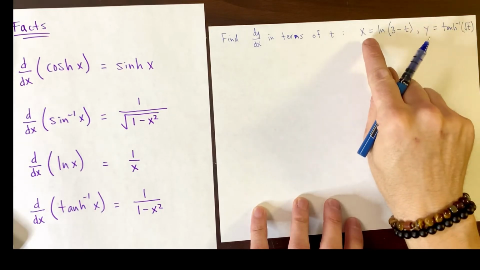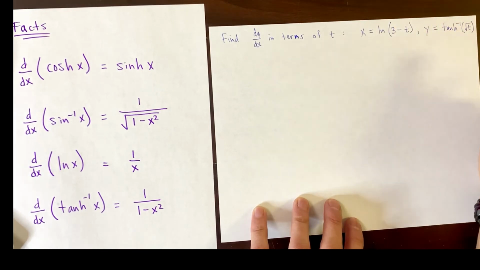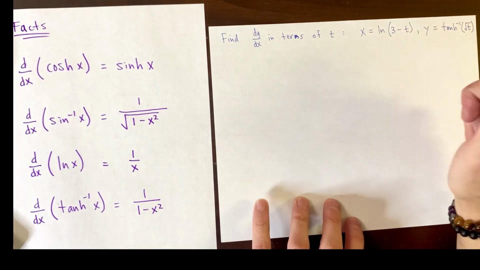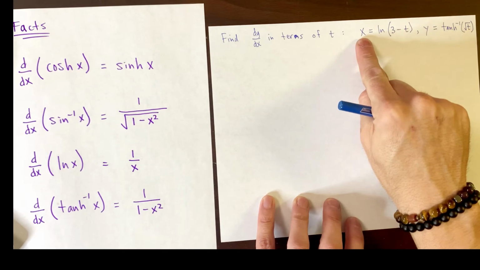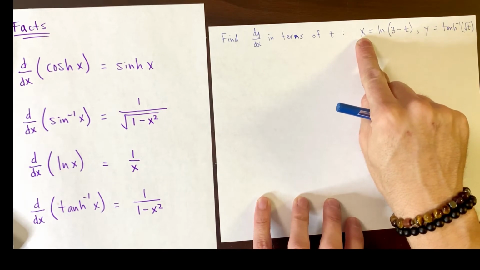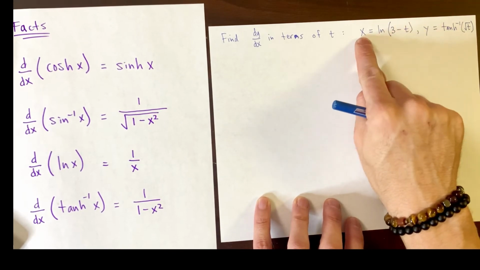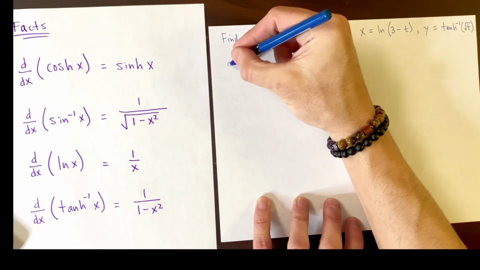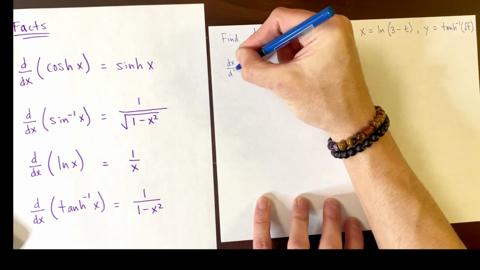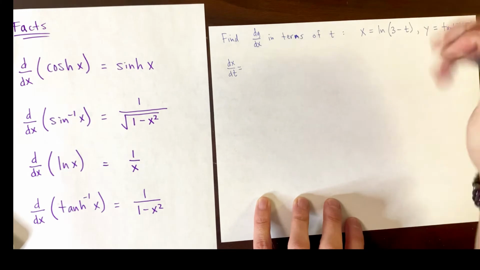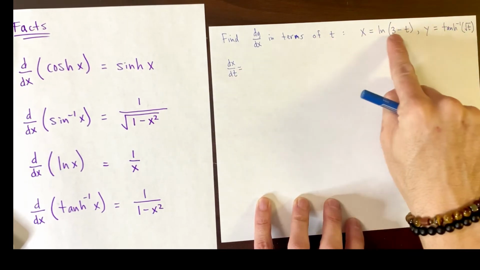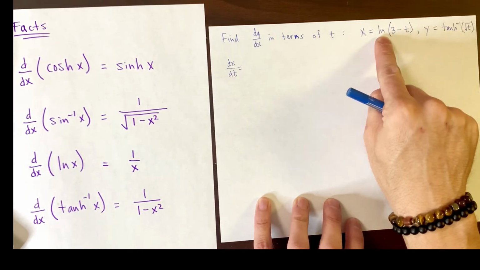So let's take the derivative of each of these pieces independently. Let's focus first on the x equation. So let's take the derivative of x with respect to t. The derivative of x with respect to t would be dx/dt. So the derivative of that is that. And then what's the derivative of this? Well, what's the derivative of natural log?